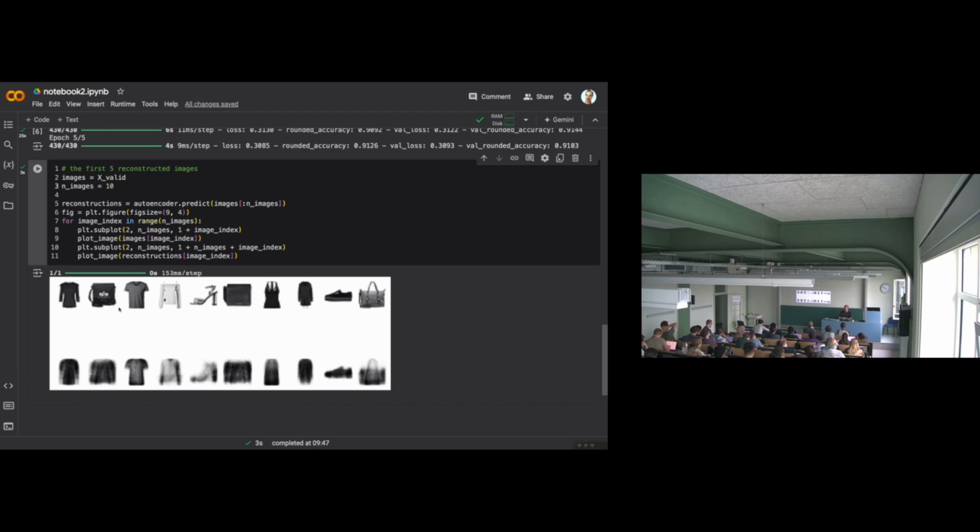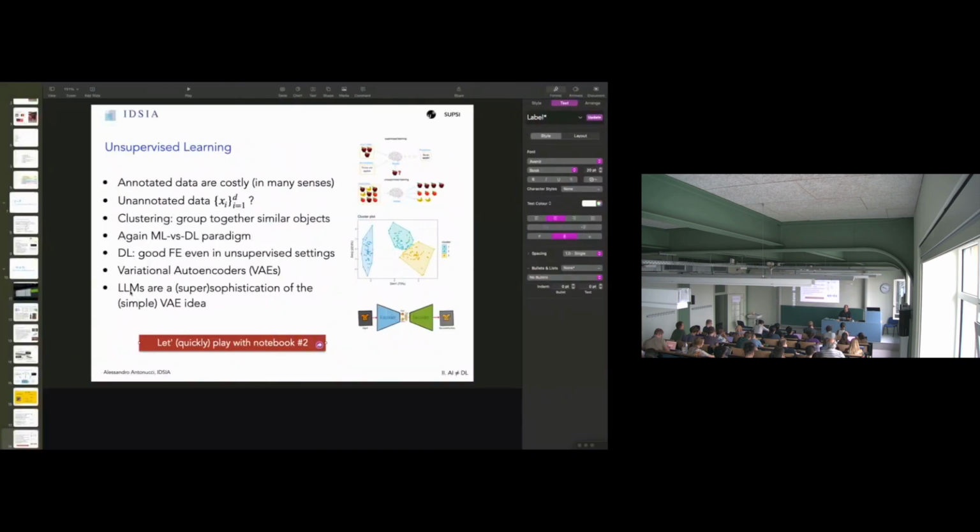And I insist a little bit because large language models are basically a further sophistication of the variational autoencoder idea. So basically, GPT and all the other models are doing something like that with text data. They are trained with a crazy amount of data, and this was possible because these are unsupervised techniques.